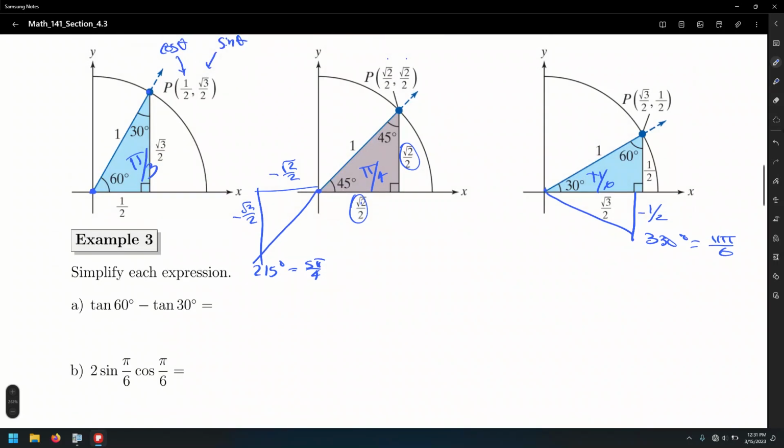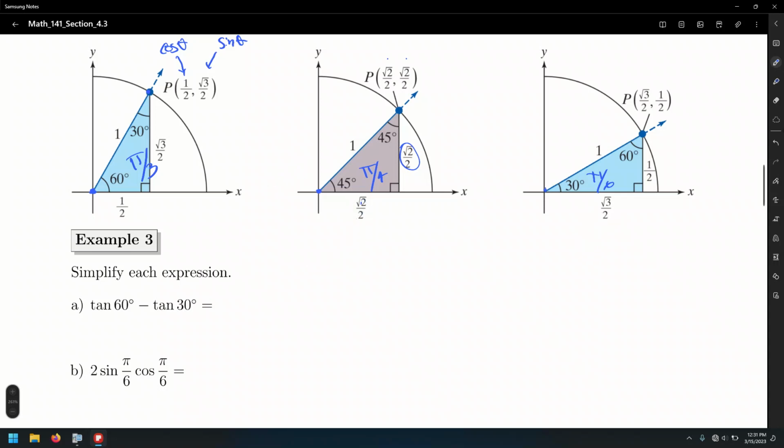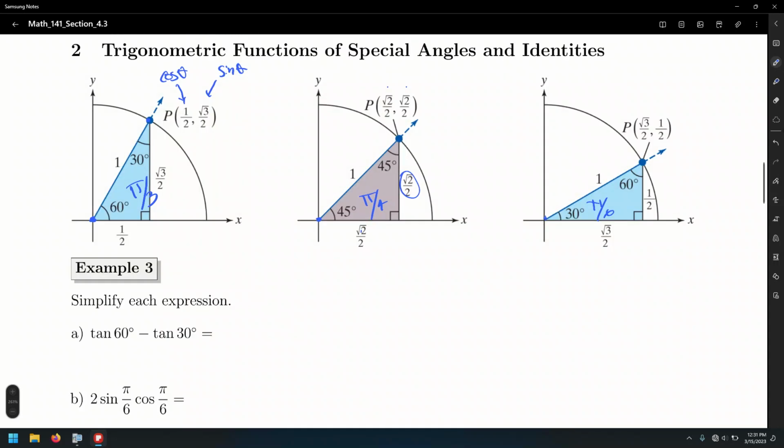So let's evaluate tangent of 60 degrees minus tangent of 30 degrees. All right, so where are we at? Let me erase all this so I can clean this up for when I refer to it. Tangent of 60 degrees minus tangent of 30 degrees.